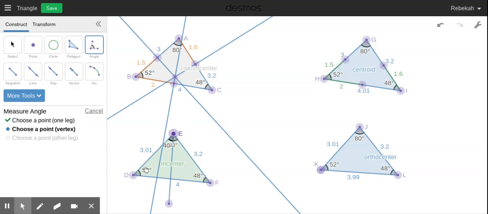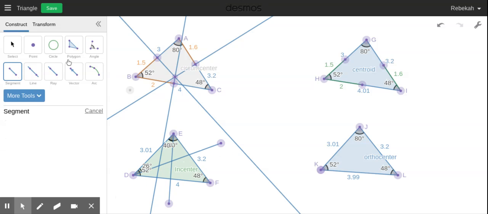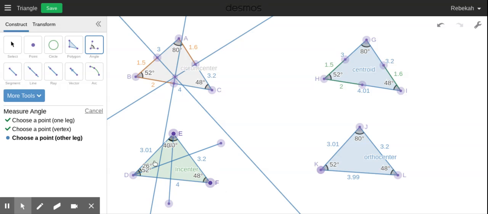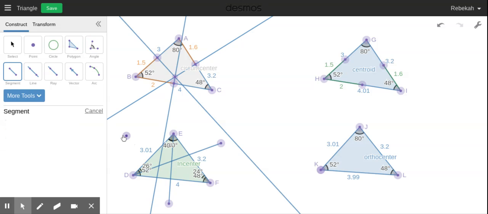Half of 52 is 26, so I'm going to find 26, and then I'll just label that with a line segment so I can easily keep track of it. And then the last one, half of 48 is 24, and we'll label that one.